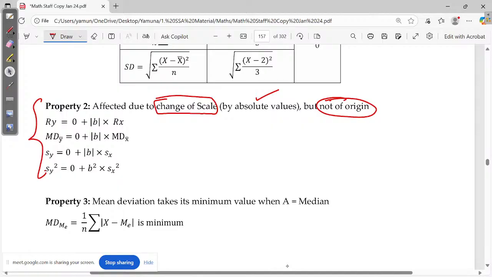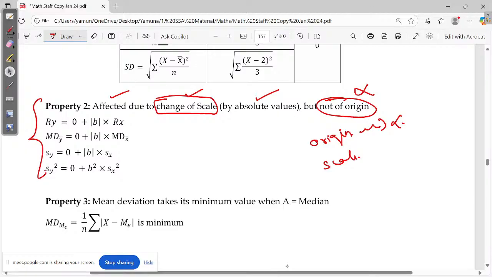We have to check whether change of origin affects and change of scale affects. It says affected due to change of scale but not of origin, which means if you change the origin, which means if you add or subtract the values, you will not find a change in the range, the mean deviation and quartile deviation.